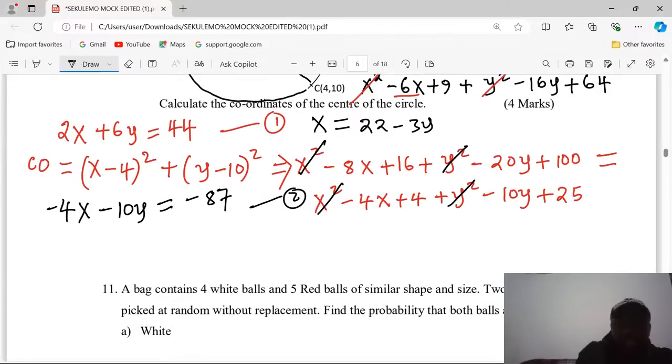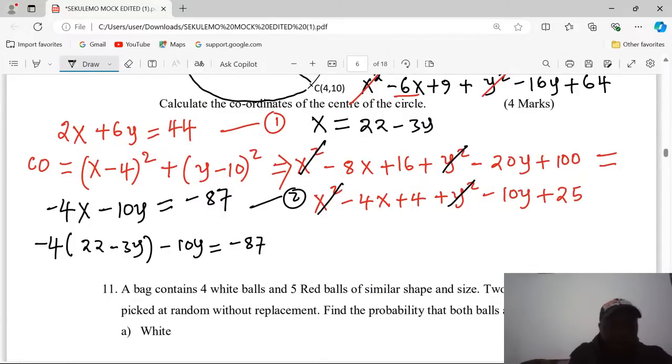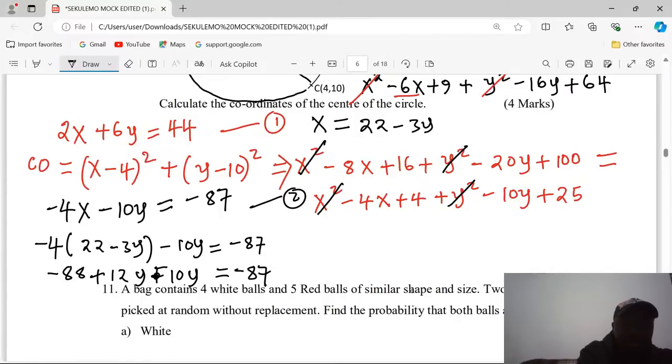So in the second equation where there is x, we substitute 22 minus 3y, then minus 10y equals to negative 87. We can now open brackets, negative 88, positive 12y, minus 10y equals to negative 87.